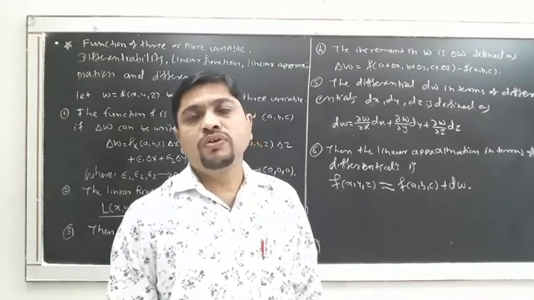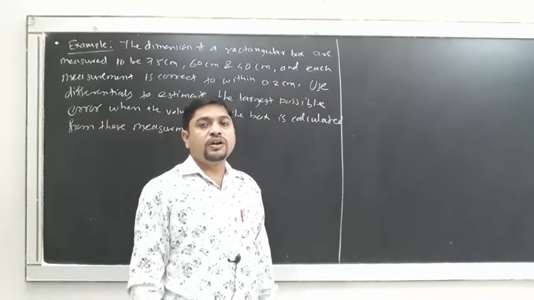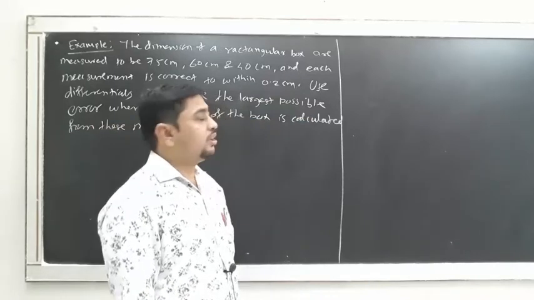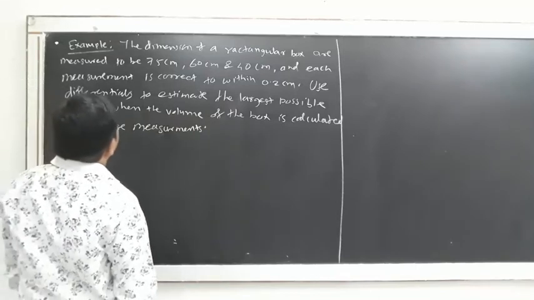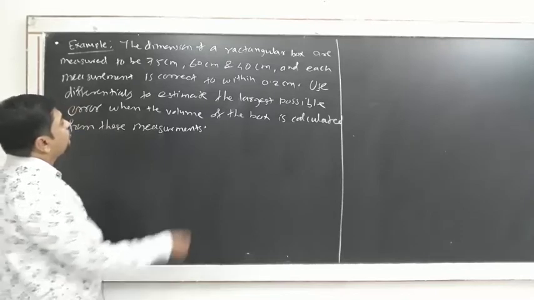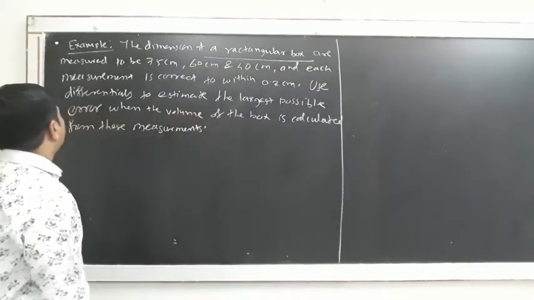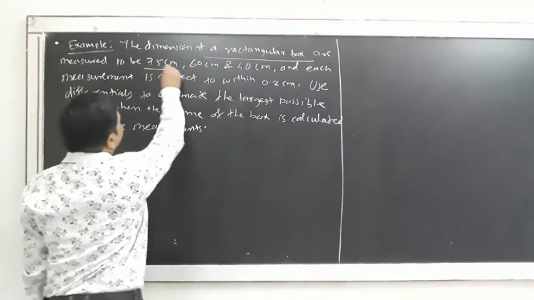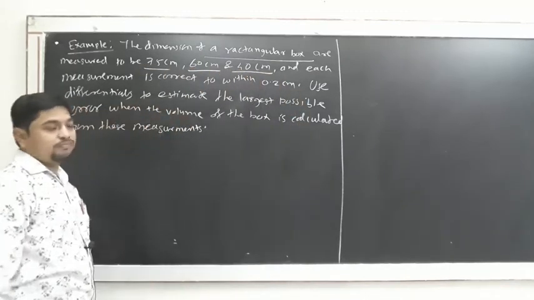Okay, so we take one problem. We solve one problem on differentials. The first example: the dimensions of a rectangular box are measured to be 75 centimeters, 60 centimeters and 40 centimeters.